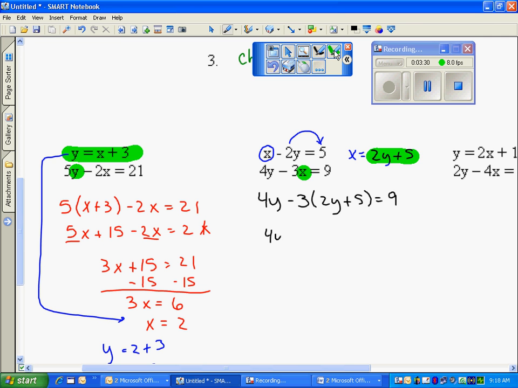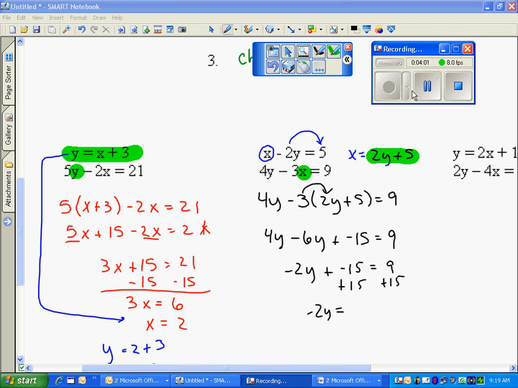Substituting, now distributing. Make sure you realize that you're distributing a negative 3. Distributing negative 3, I get negative 6y. Distributing negative 3, I get negative 15. Now, again, gathering my y's and watching my sign. Adding 15 to both sides, I get negative 2y is equal to, adding these up, 9 and 15 is 24.